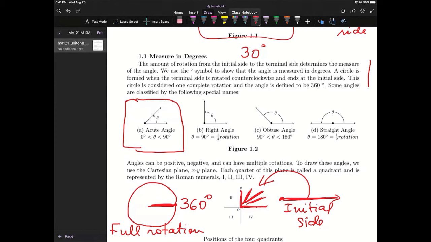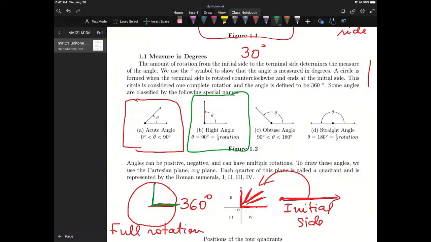Okay, but not all angles go a full rotation. And here we have the example of the right angle that I mentioned before, which corresponds to 90 degrees. That has a specific name, the right angle, and it corresponds to one quarter of the full rotation, right? So we're talking about just a quarter of the full rotation.